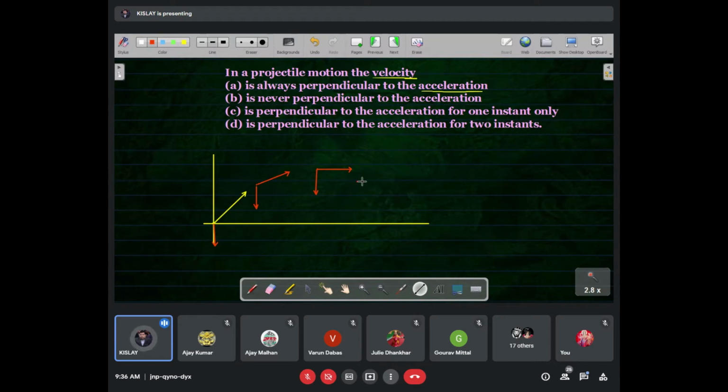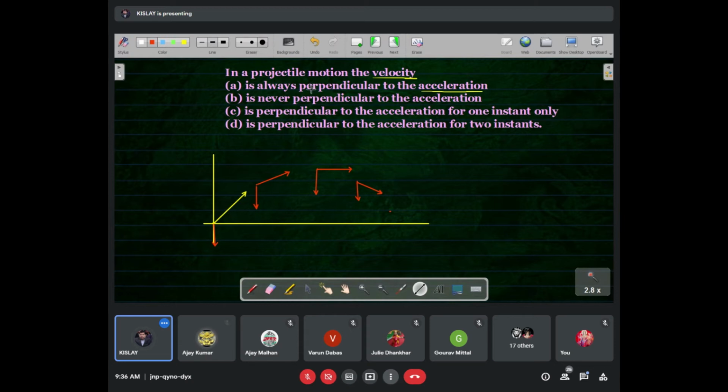Similarly, if we take a point here, then velocity is in this direction and acceleration is in this direction. I am talking about the net velocity. In this way, you can observe.